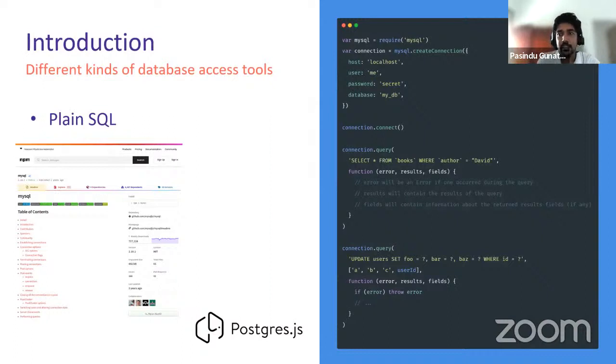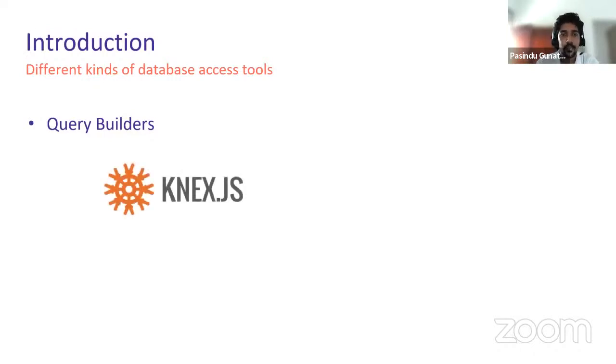Adding an abstraction layer on top of this, we get query builders. One of the query builders that exists in the Node.js ecosystem is Knex.js.